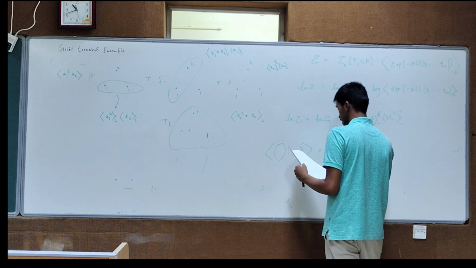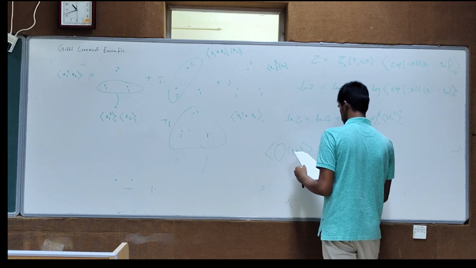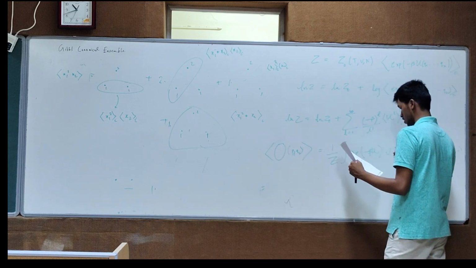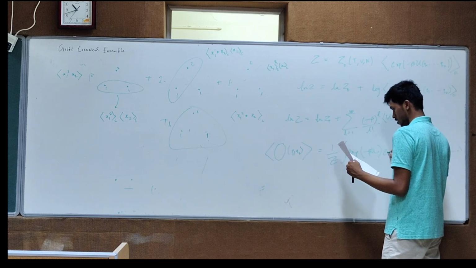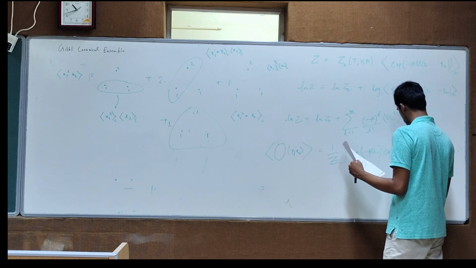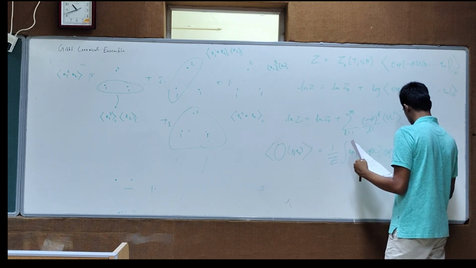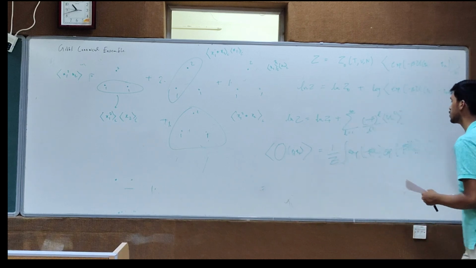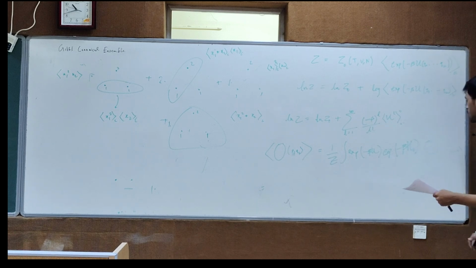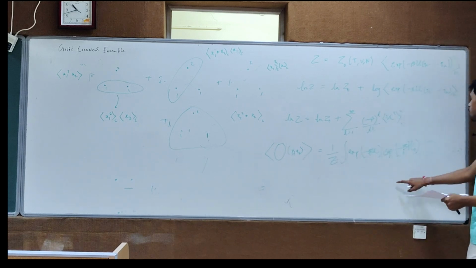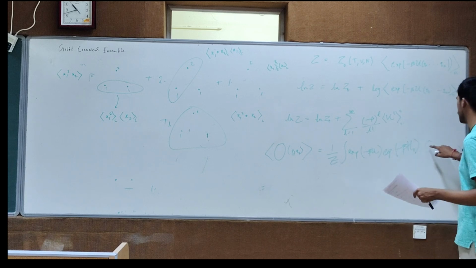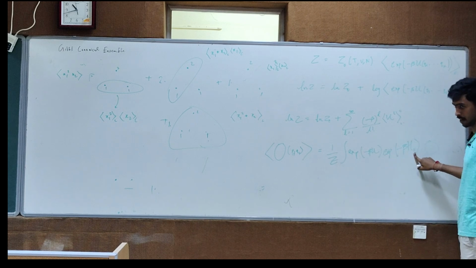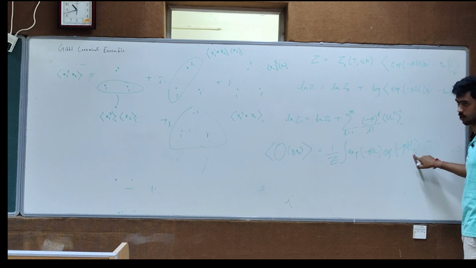This is just 1 by Z exponential of minus beta U, and there is this O. So now you're taking an average of O times exponential minus beta U, with respect to this H naught.